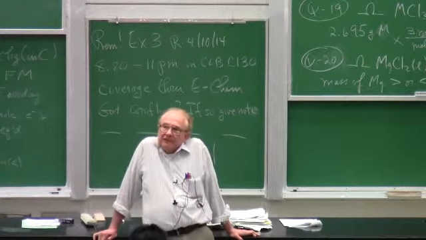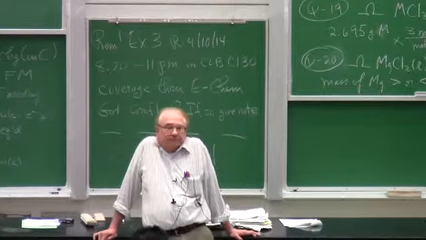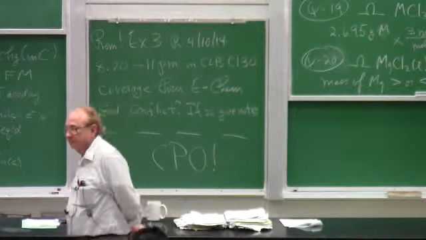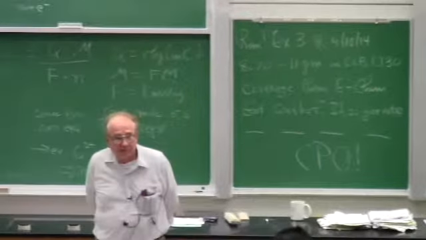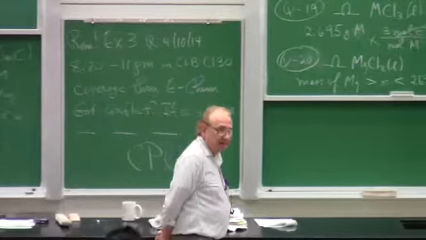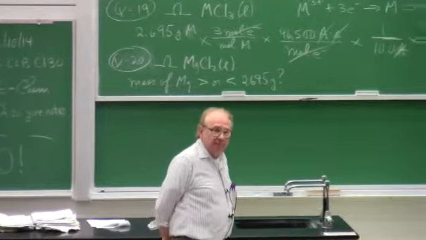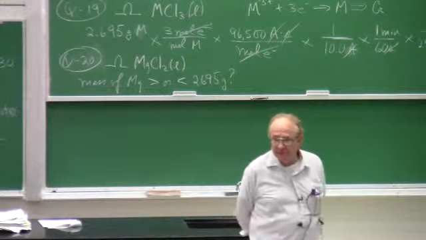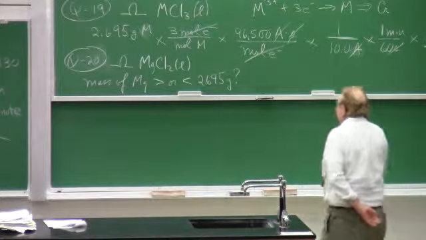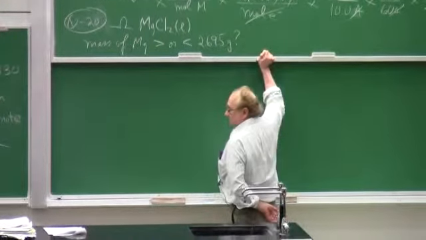How does the formula mass of magnesium compare to that of chromium? Is it less than half the formula mass of chromium? You're darn right. So the mass quantity will be smaller than 2.695 grams. Enough said. On we go to the Nernst equation.